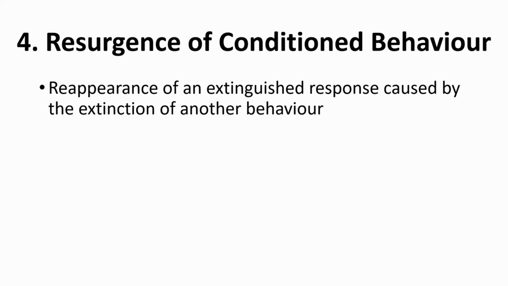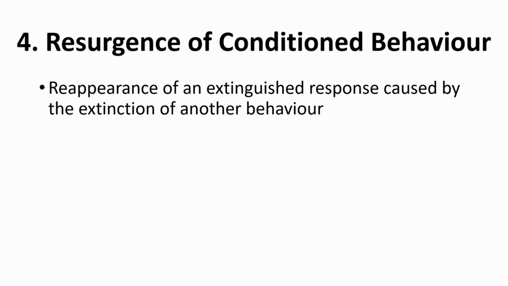kind of makes sense because in the real world, behaviors don't occur in isolation. You don't have just one possible behavioral response. There can be multiple. Things get complicated. So resurgence is a newer aspect of research where we're starting to look at multiple different behaviors that could occur.